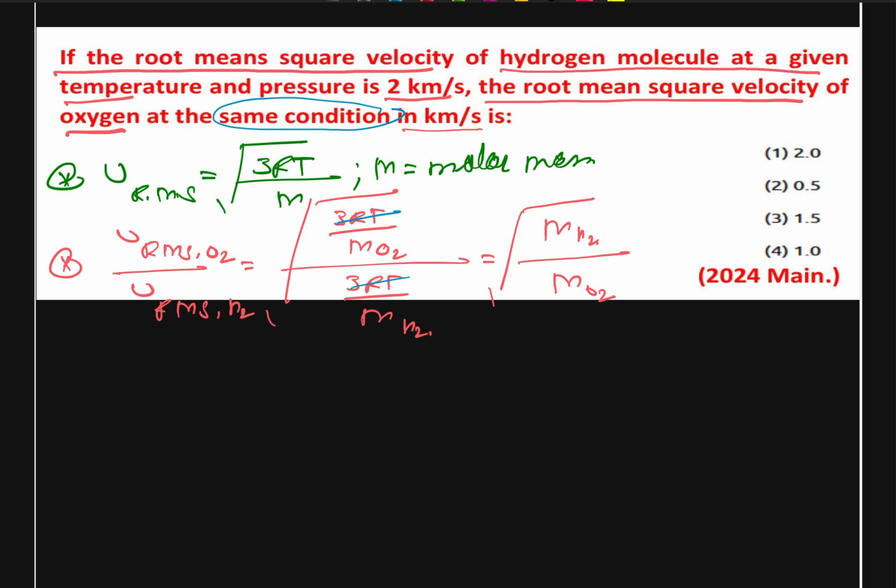Okay. Molar mass of hydrogen is about 2 and molar mass of oxygen is about 32, and its square root.